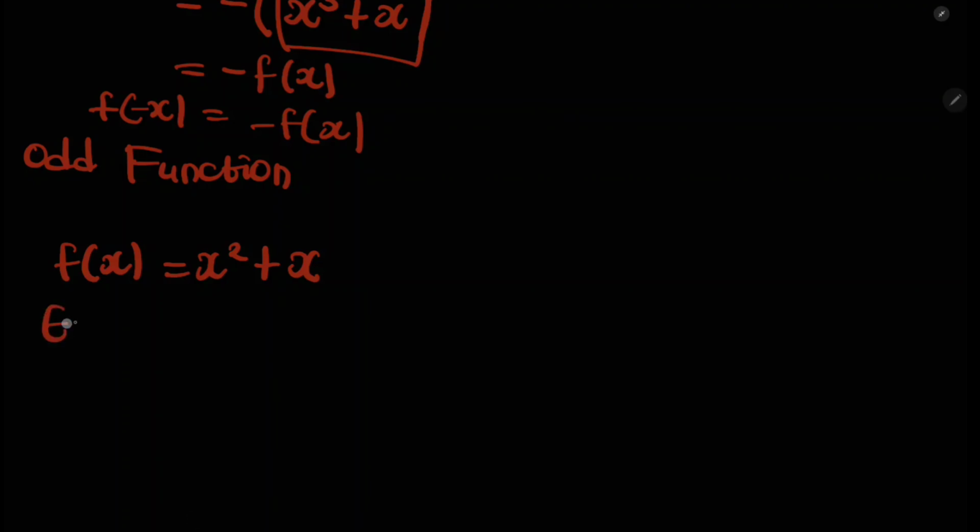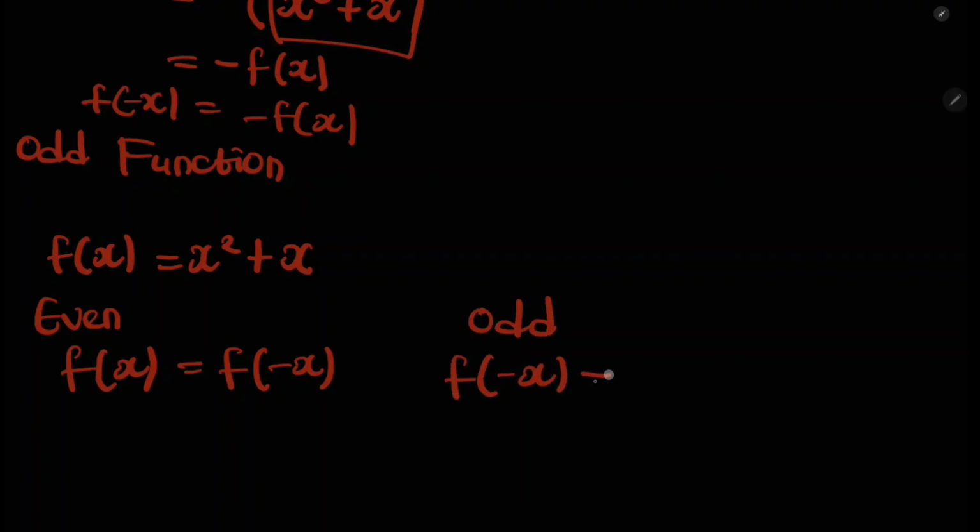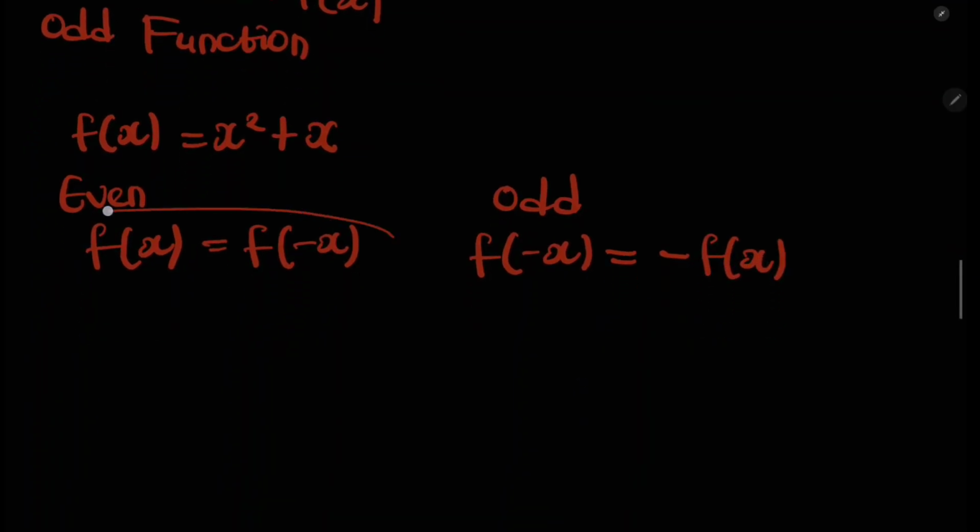So for an even function, remember when we solve this, our f of x should be equal to our f of minus x. And for odd functions, our f of minus x should be equal to minus f of x. So we should end up here or here.